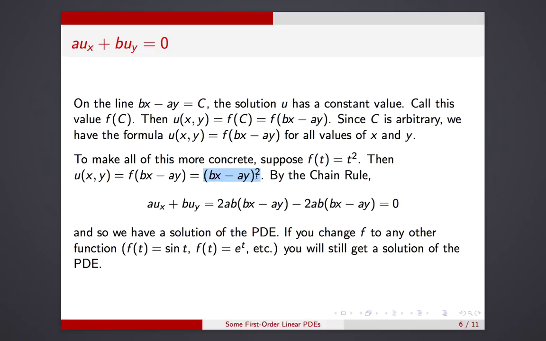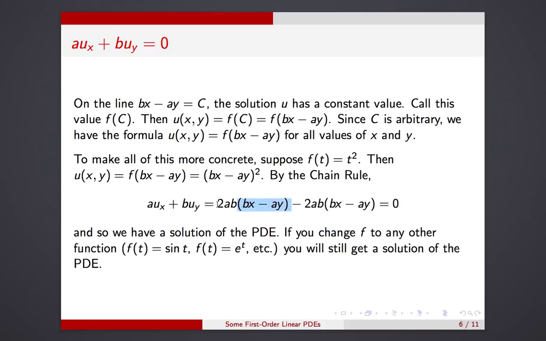Okay, so let's just take this and substitute it back into the original equation and see what we get. So a u_x plus b u_y, by the chain rule, equals: a u_x, there's your a, and then for u_x you've got to bring the 2 down, and then scale by the partial with respect to x of the inside, which is that b. And of course, once the 2's down, you leave the inside alone.